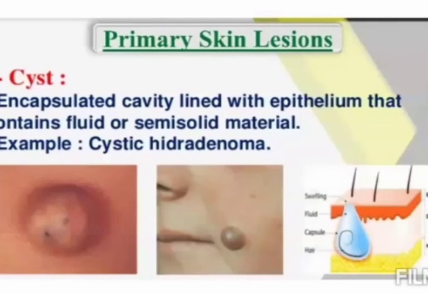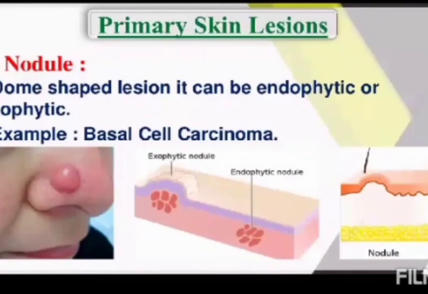Next lesion is cyst. A cyst is an encapsulated cavity lined with epithelium that contains fluid or semi-solid material. An example is cystic adenoma. A nodule is a dome-shaped lesion.